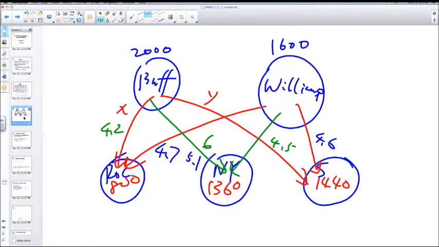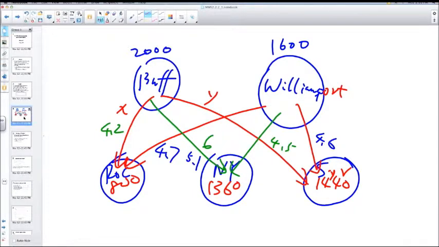So the 2 warehouses are Buffalo, New York, and Williamsport. And the 3 cities are Rochester, Syracuse, and New York. The capacity of Buffalo is 2,000, Williamsport 1,600.